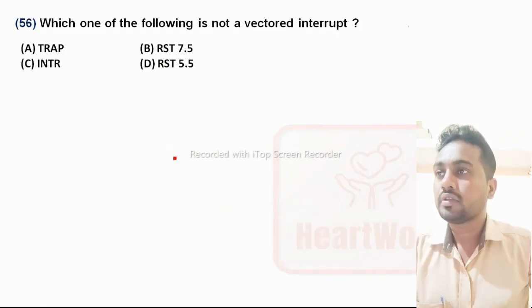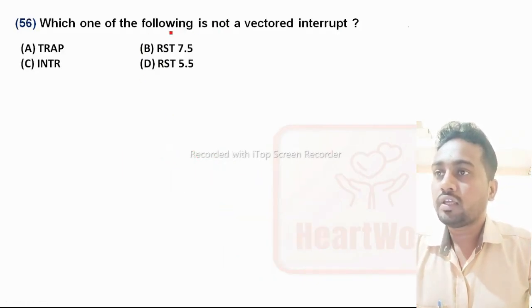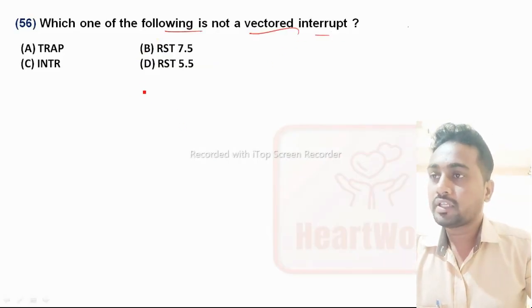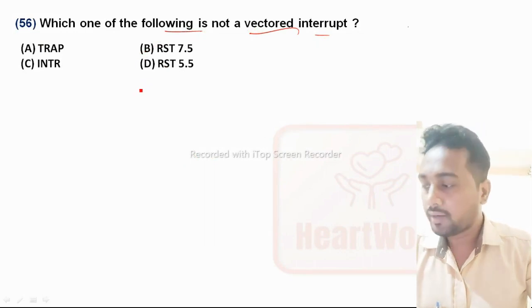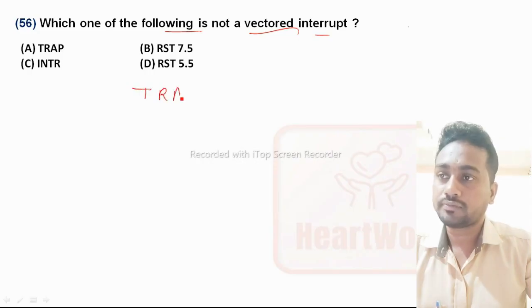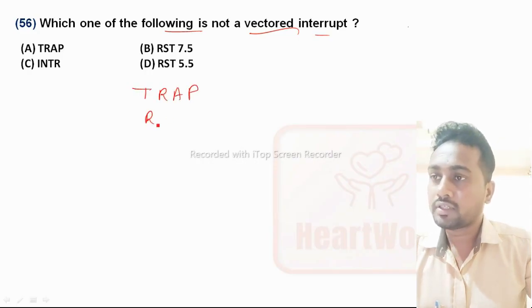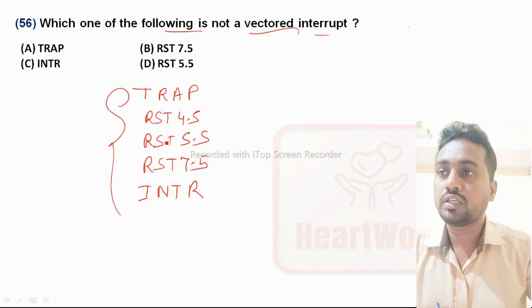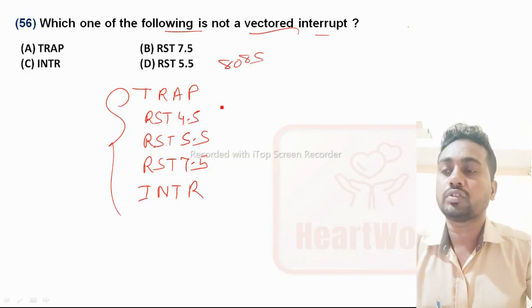Next, which one of the following is not a vectored interrupt? If we see interrupt signals in the microprocessor, there are 5 types: first is TRAP, second is RST 4.5, RST 5.5, RST 7.5 and INTR. These 5 types of interrupt signals are used in the 8085 microprocessor.